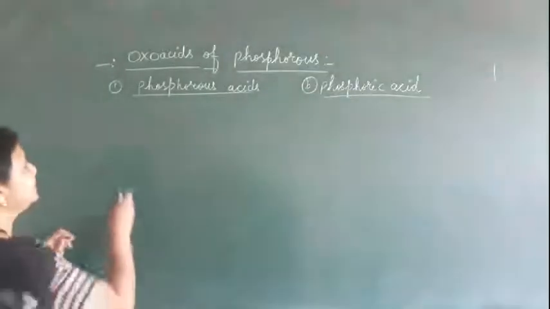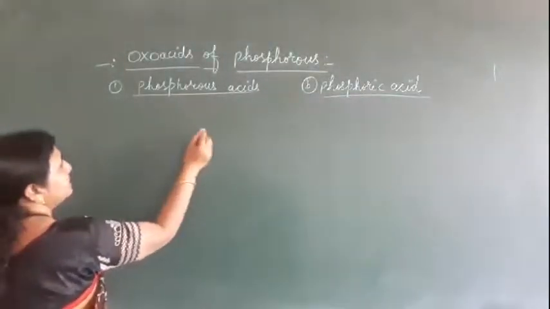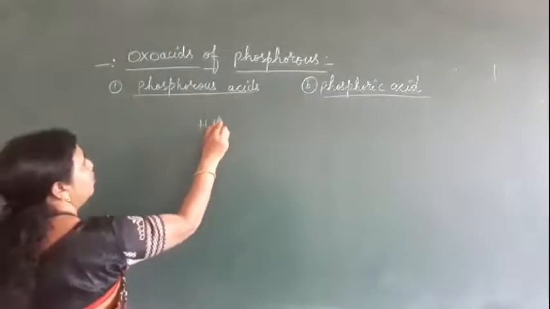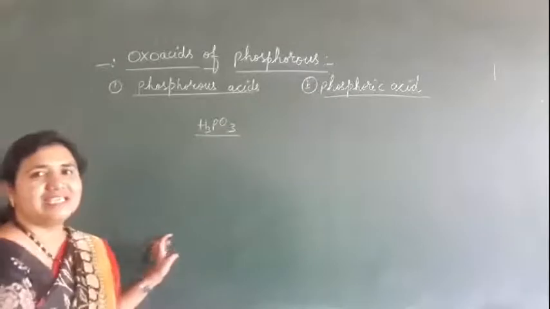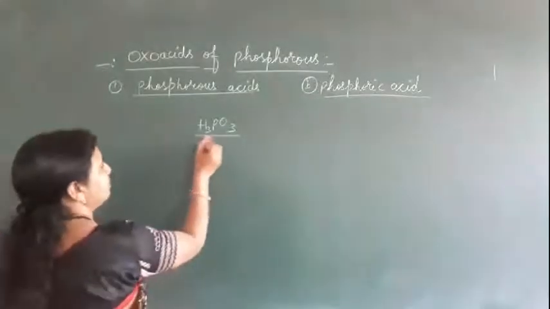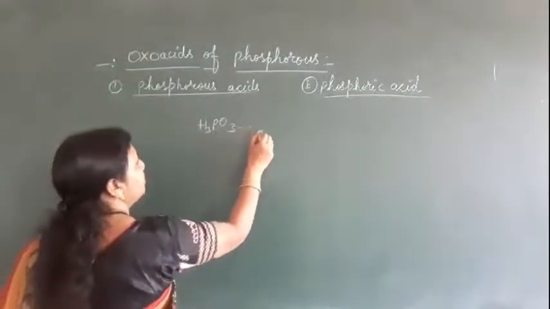In phosphorus acid, first we will see about H3PO3. The name of this acid is phosphorus acid.